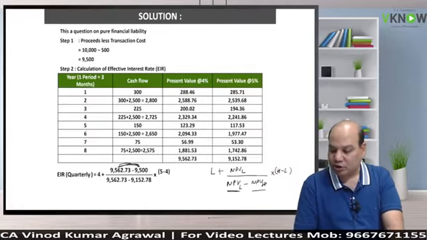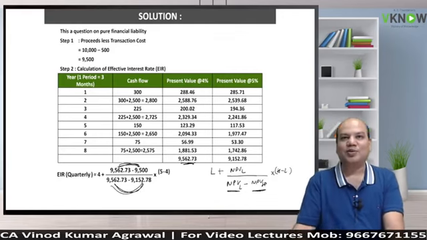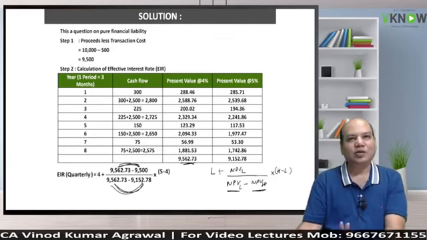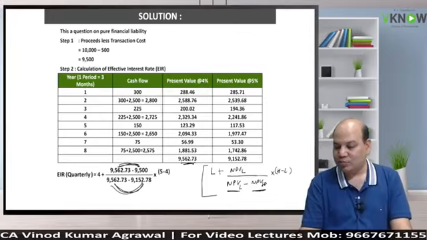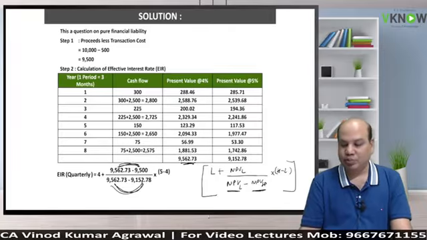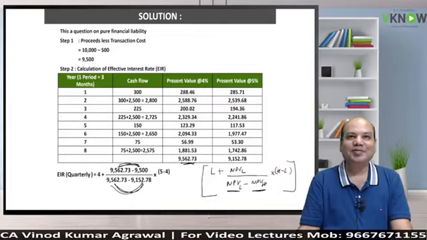The difference between the two NPVs is the difference between these two numbers only. So if you are used to this formula, please go ahead. You will get the same answer because you have written the same thing. Same thing in mathematics will give you the same answer every time.